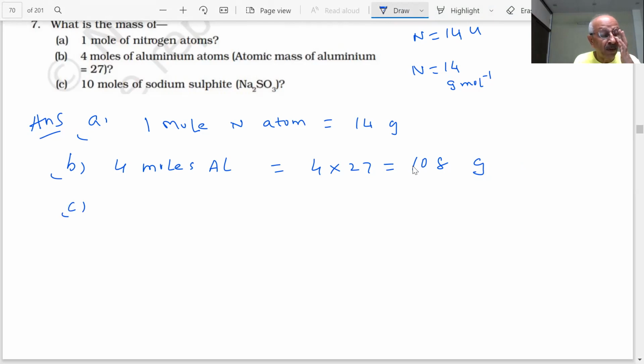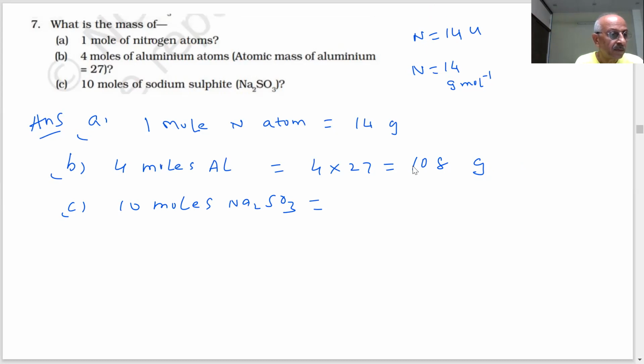10 moles of Na2SO3. Okay, find out. What will be the molecular mass of Na2SO3?